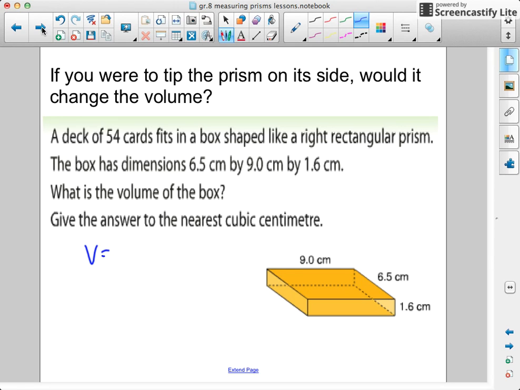So I'm going to write my formula each time. Volume equals length times width times height, which equals 9 times 6.5 times 1.6. So if we did 9 times 6.5 times 1.6, that would equal 93.6 centimeters cubed. So that's right rectangular prisms.